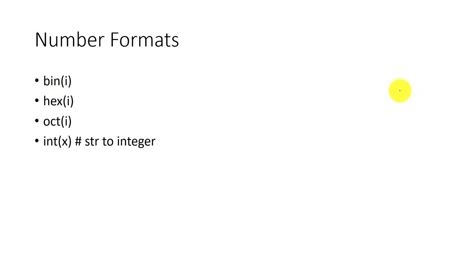Python provides a few functions to convert a number into different formats, that is binary, hexadecimal and octal formats. Python also provides one function to extract an integer value if it is in a string. We will study the string data type in the later chapters of this course. The function name through which we extract the integer value from a string is int. We will study this function also in our later chapters.